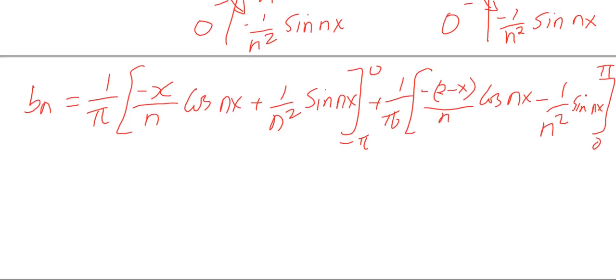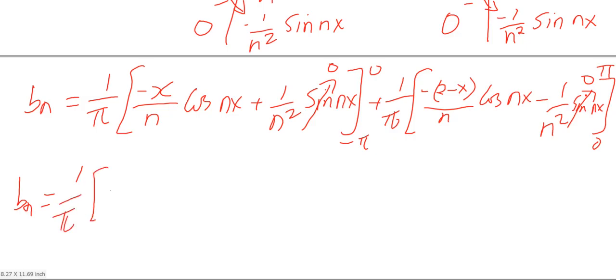We substitute the values again. The sine quantity here is obviously 0, the same with this one. So we only need to consider the cosine. Now we can put the case when x is 0. When x is 0, we put x is 0 here, and this quantity becomes 0. So we get b_n will be 1 over pi.